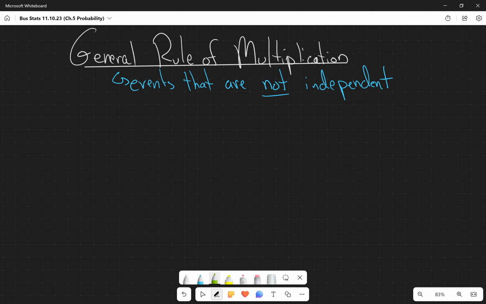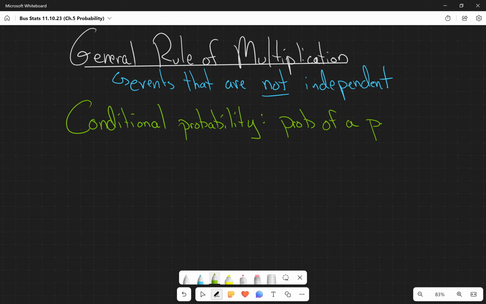So a conditional probability is the probability of a particular event occurring given that another event has occurred.